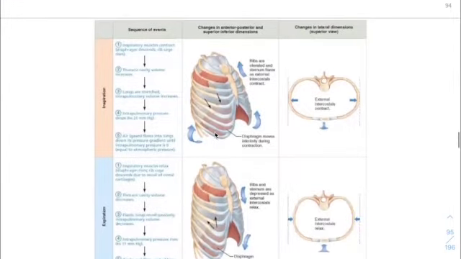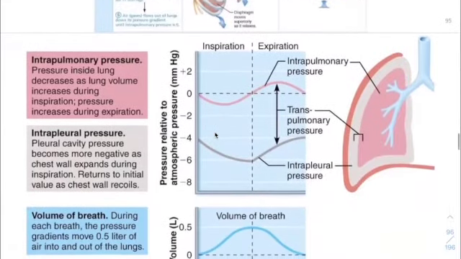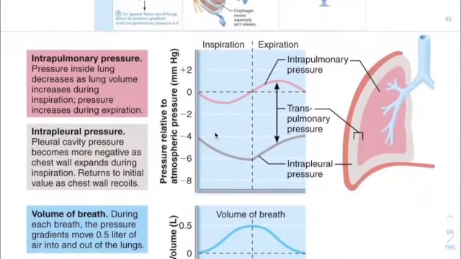So here's the sequence again for both inspiration and expiration. What happens, how the pressures change, and how the size of that thoracic cavity changes for inspiration versus expiration. Here are graphs representing the same kinds of things, the different pressures.